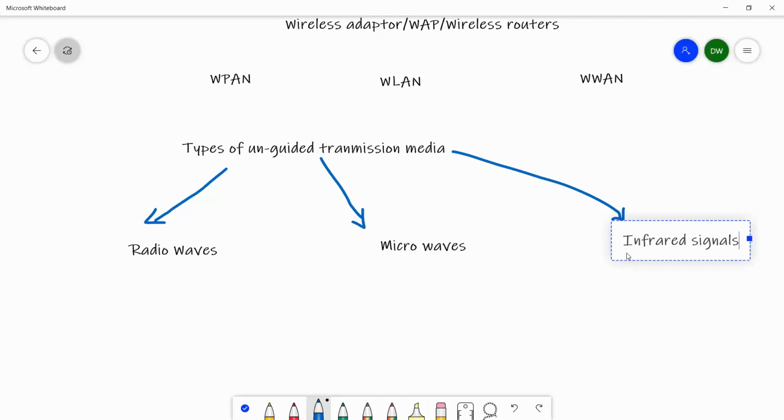as infrared signals. Right? So radio waves, we usually know when you use your television and radio, the signals which are received by your television or radio are radio waves, right? So these radio waves are omnidirectional.